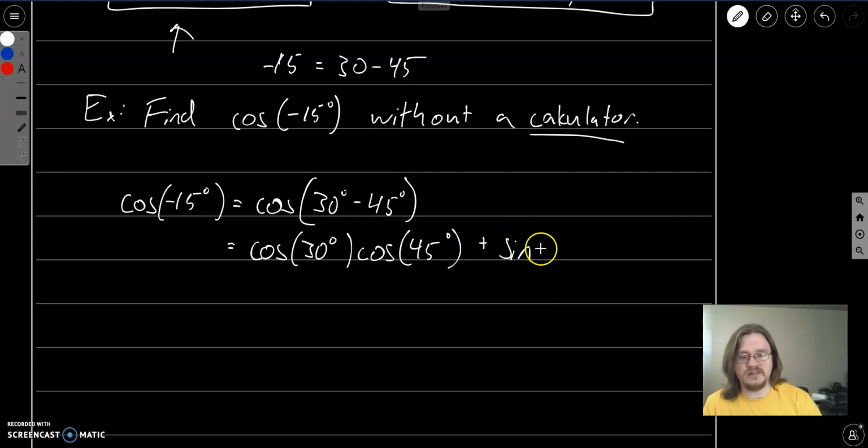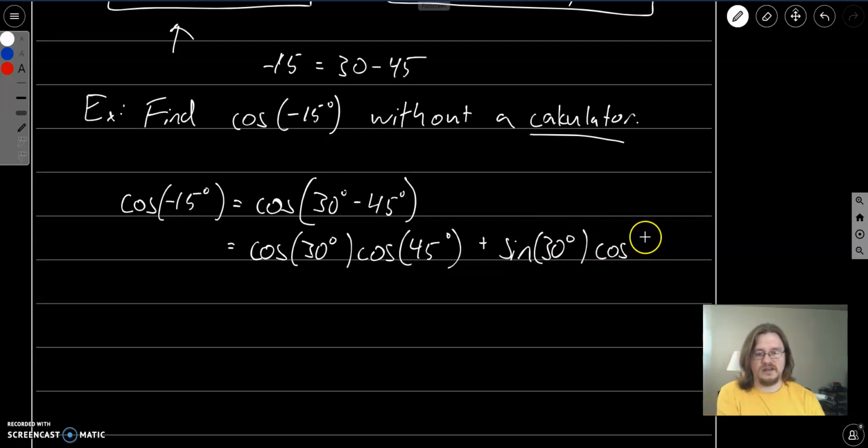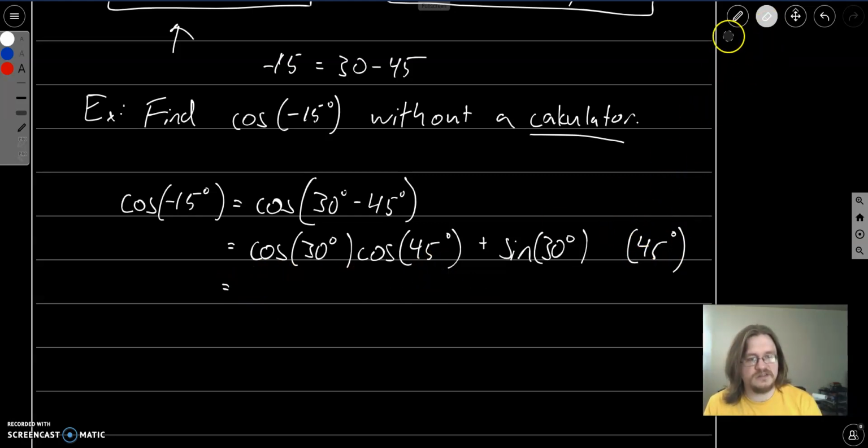So this is going to be the sine of a 30-degree angle times the sine of a 45-degree angle. I made a mistake already. This should be the sine. Cool.